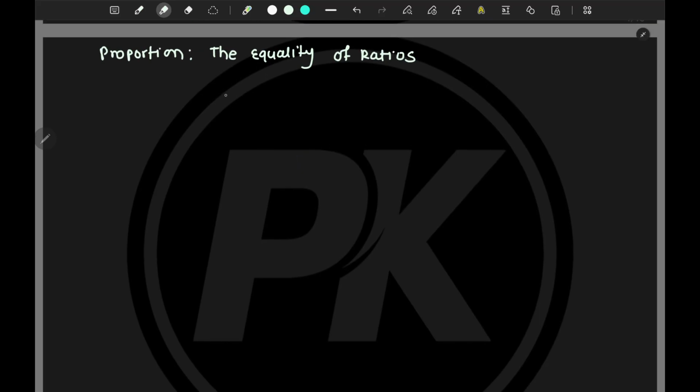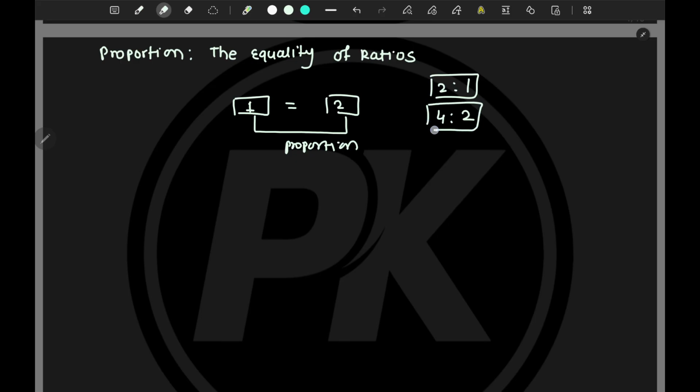If one ratio is the same as another ratio, that means these two ratios are in proportion. Just now we have seen 2 is to 1 and 4 is to 2. These two ratios are equal, that means these two ratios are in proportion.